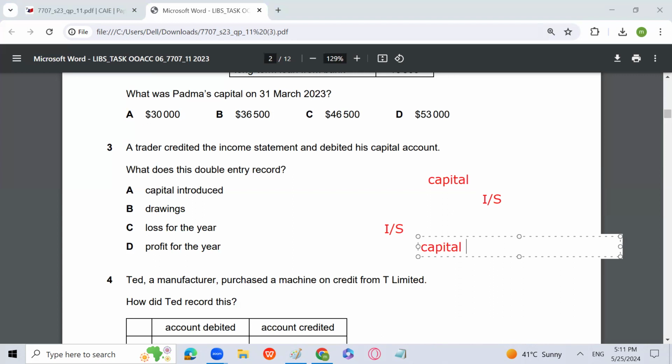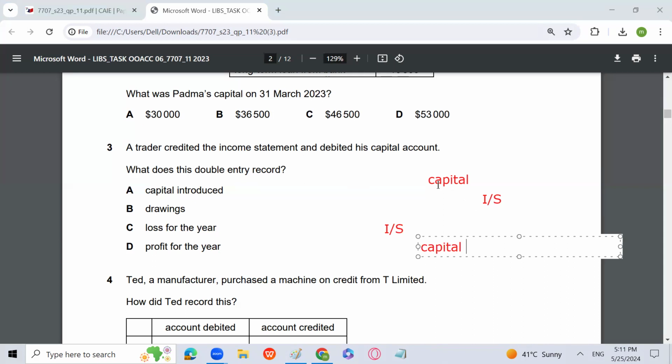We debit the income statement to cancel the effect, and capital is credited because profit increases capital, and an increase in capital is a credit. So income statement debit and capital credit is because of the profit for the year, and capital debit and income statement credit is because of the loss for the year.